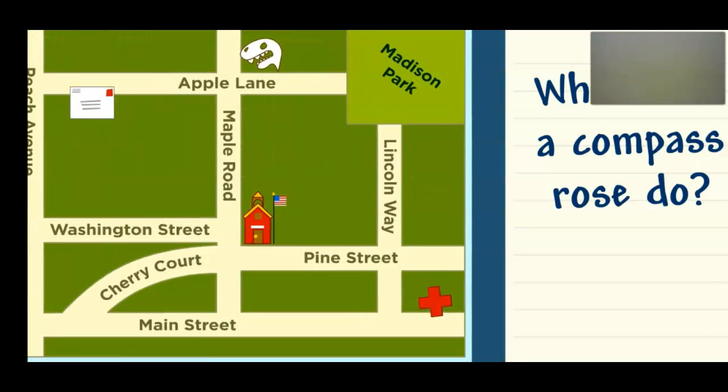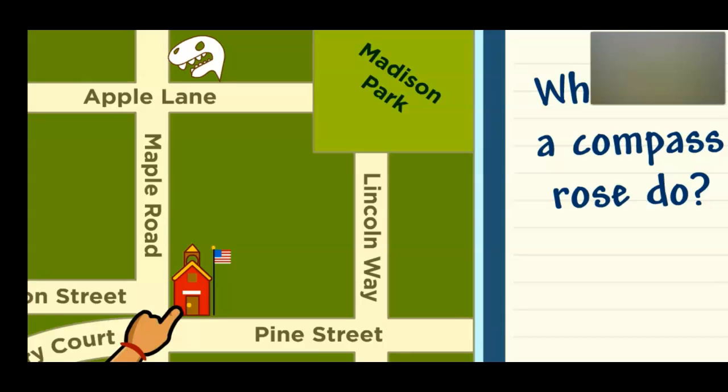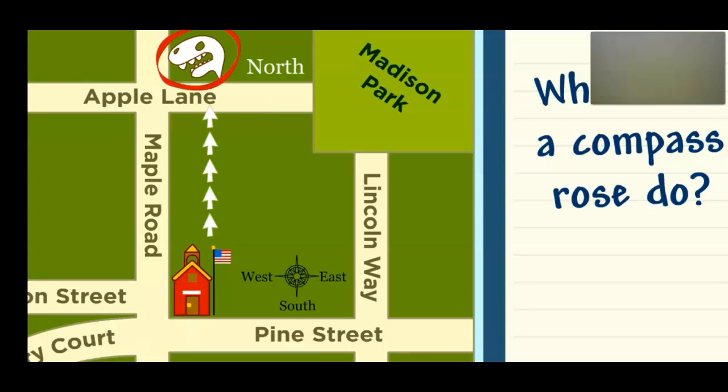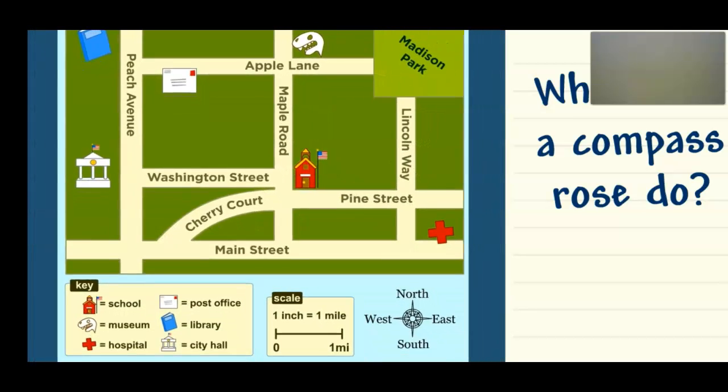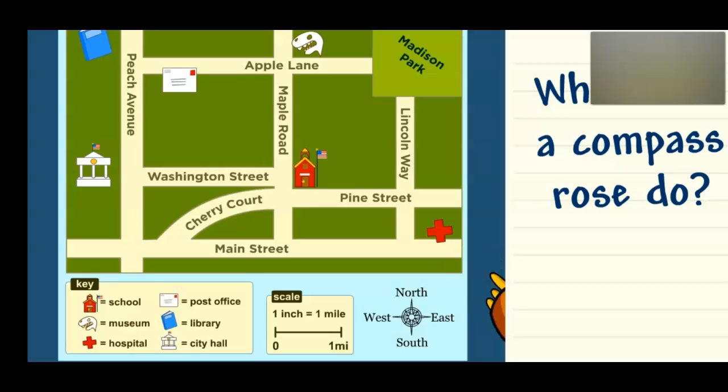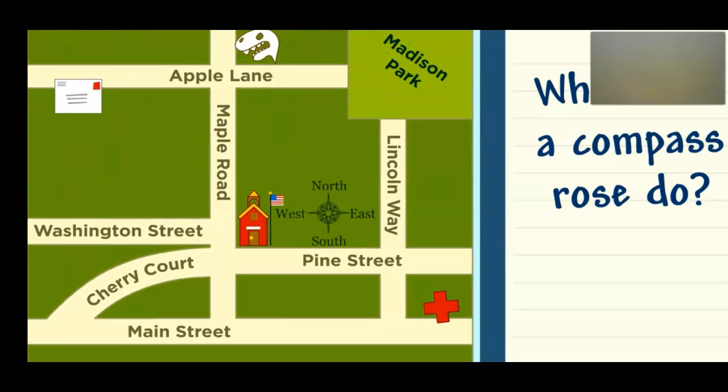Let's see. We're here at school. If we go north, we'll get to the museum. If we go west, we'll get to City Hall. Well, the hospital is south, but it's also east, so it's southeast of us.